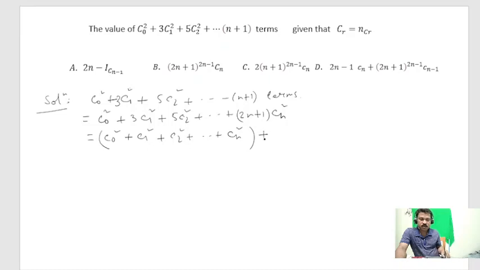And in the rest of these we take 2 common, as C1 square plus 2C2 square and so on to n Cn square.